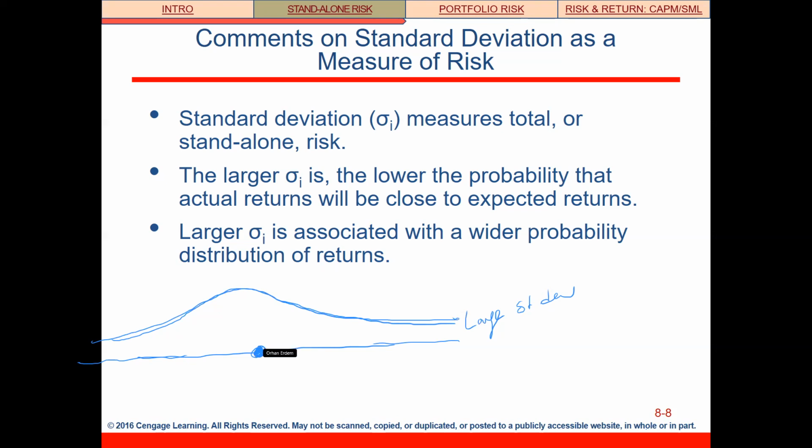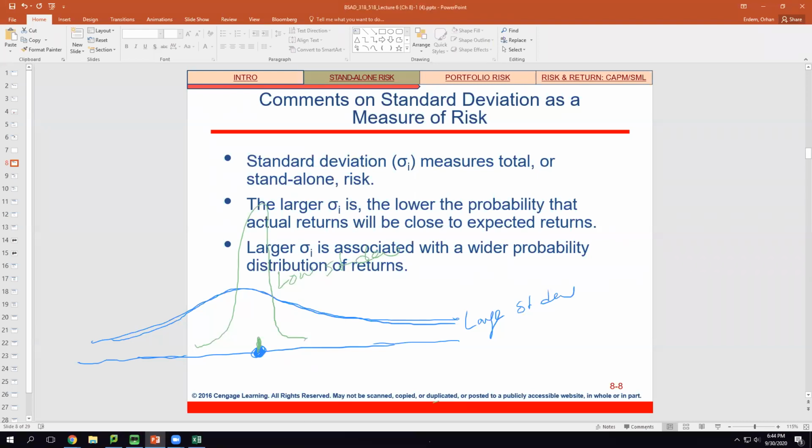Now let me draw a lower standard deviation. If a stock has lower standard deviation, most of its returns are around the mean. So this is low standard deviation. Do you understand that?